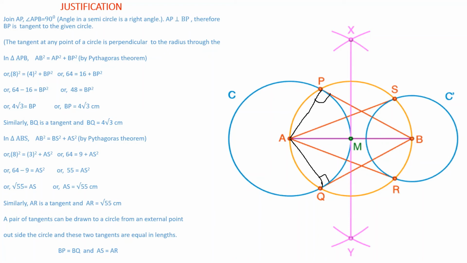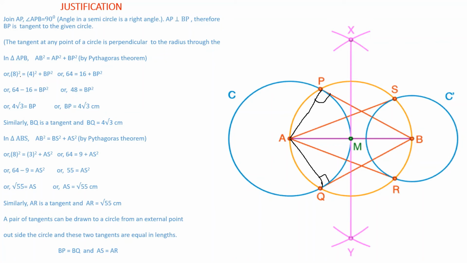Now see APB. In triangle APB, we can use the Pythagoras theorem. AB square, hypotenuse square, equals the sum of squares of the other two sides, that is AP square plus BP square. AB is the diameter of this circle, and AB is 8 cm, so 8 square.